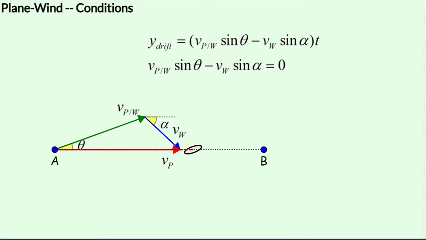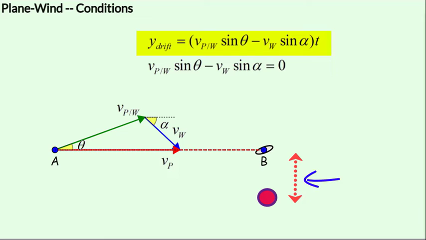Since for a plane it is always necessary to have the destination at point B, the drift along the y-axis has to be necessarily 0. If the drift along the y-axis is not 0, then you will not end up at city B, but you may drift either above or below B, and thus you would have some displacement along the y-axis.